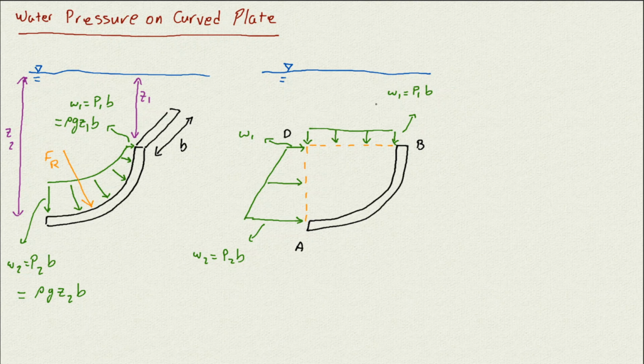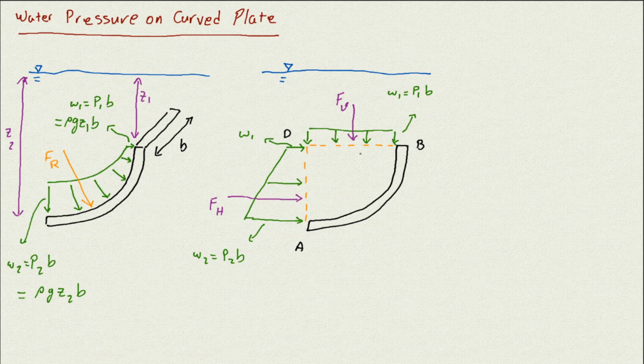I can replace these vertical forces with F vertical, the resultant of this distributed load. Then I have the horizontal force here, which is the resultant of this trapezoid load applying on that.